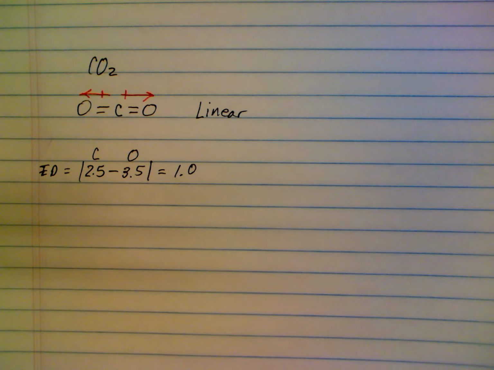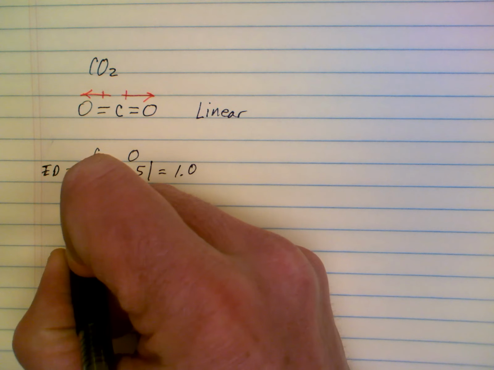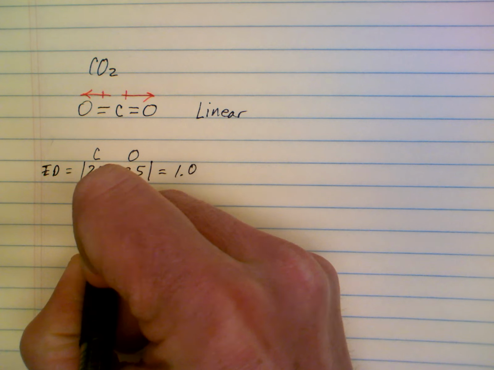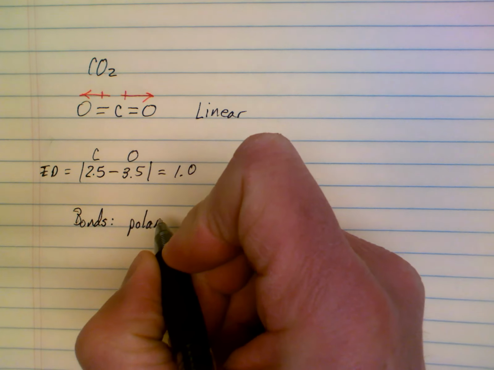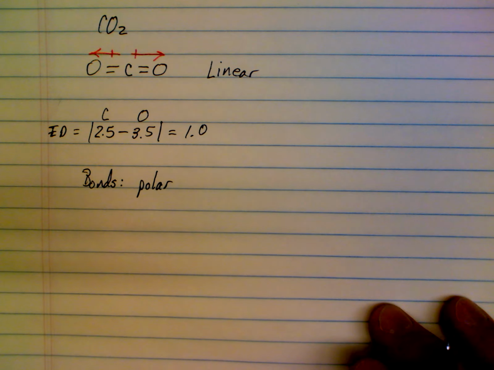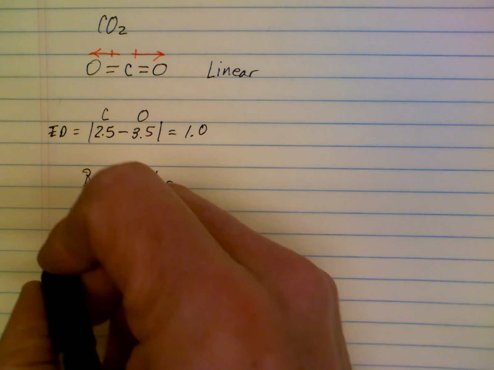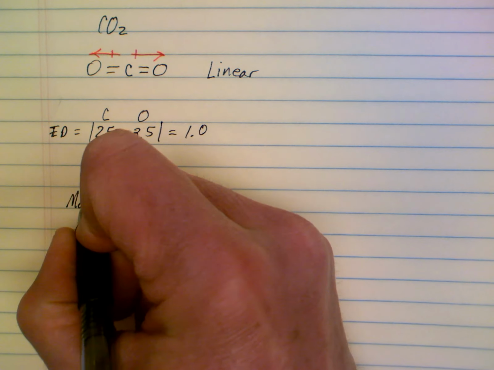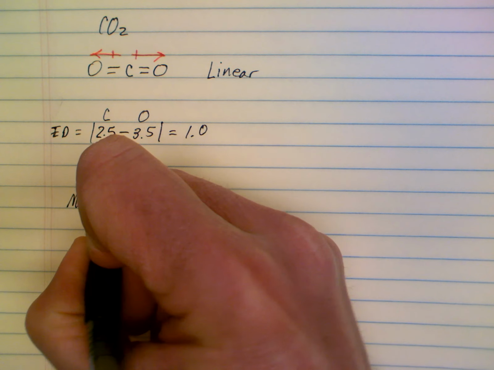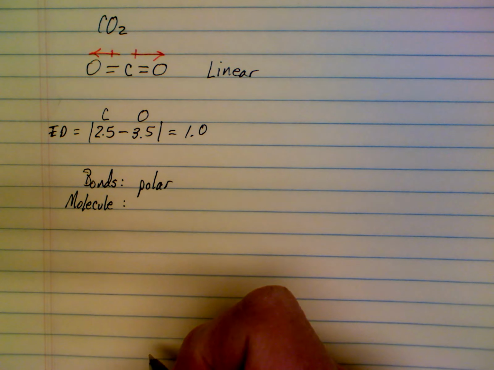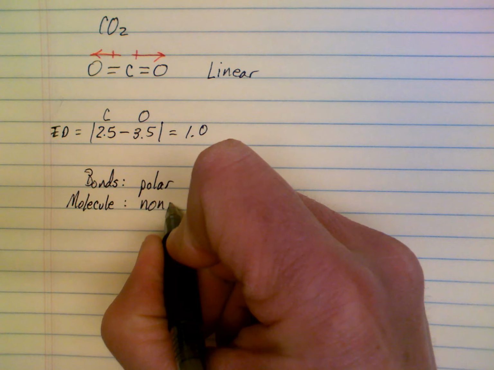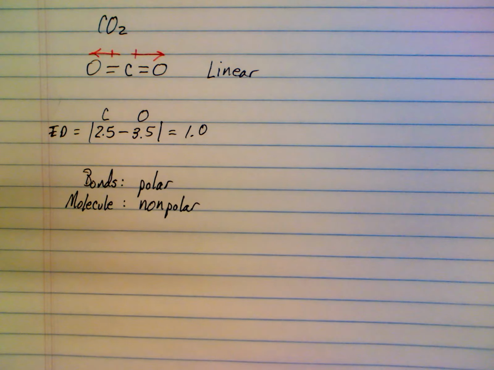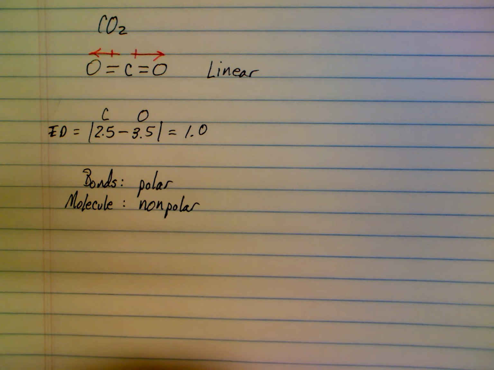So here we have a situation where the bonds would be polar by themselves if they were not part of the entire molecule. But because the bonds are opposite in their direction, they will cancel each other out, and the molecule is called nonpolar. So here we have a situation where it's a nonpolar molecule with polar bonds.